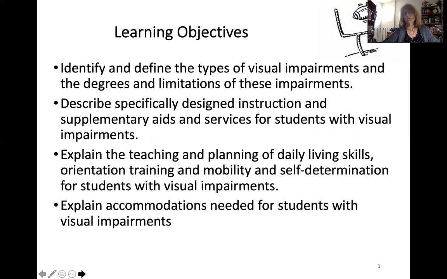We have some specifically designed instruction, and typically many of the services that are afforded students under this category are given by other service providers, such as mobility experts, Braille experts. We'll talk a little bit about teaching and planning for daily living, as well as some discussion, at least from my side, to explain some of the accommodations.